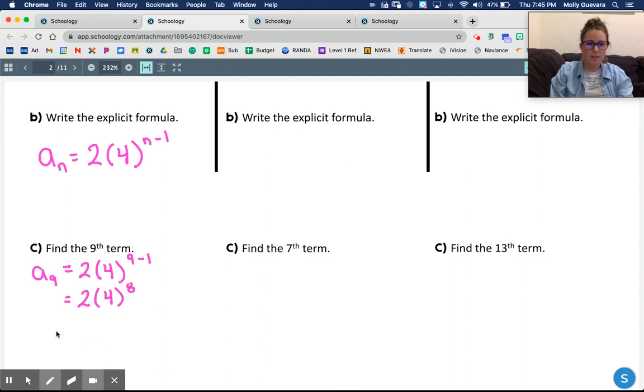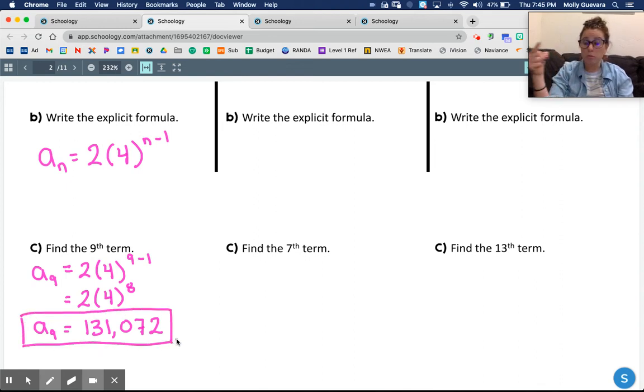And I can enter that into my calculator very carefully, and I get 131,072. So the ninth number in this sequence is 131,072, which makes sense. If I keep multiplying by 4, that number is going to increase really quickly.